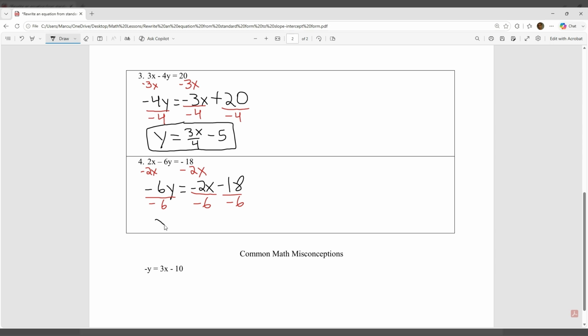So we get y, negative negative becomes positive. 2 over 6 can be simplified into 1/3, because both 2 and 6 are divisible by 2. So 1/3 of x. Again, that signs negative negative makes positive. 18 divided by 6 is 3. So y equals 1/3 of x plus 3.